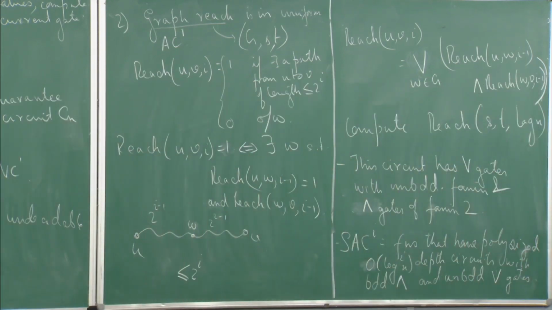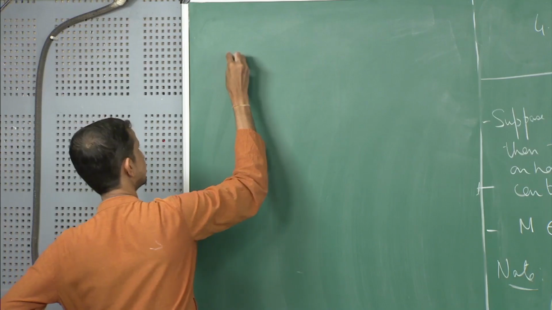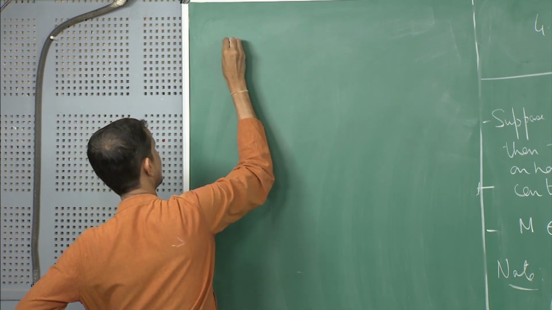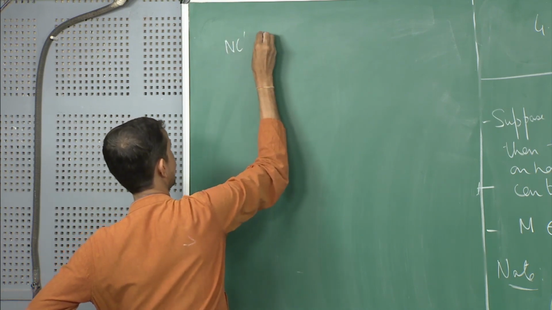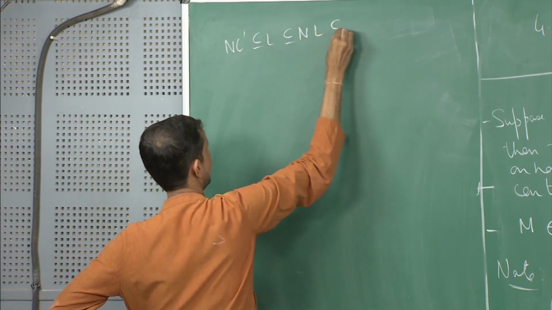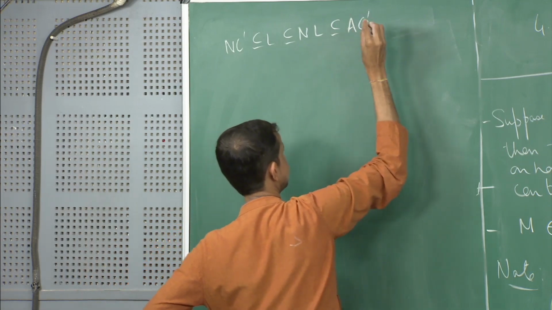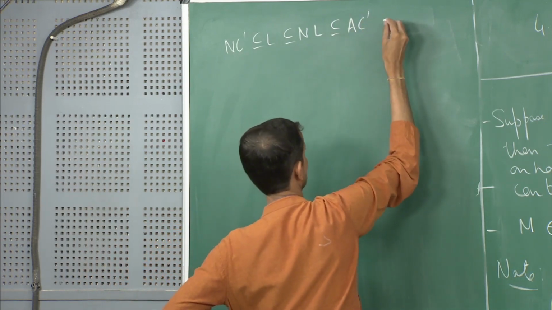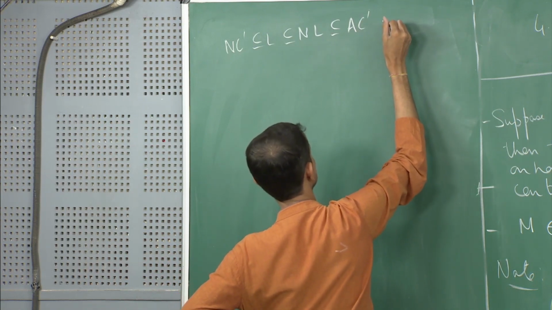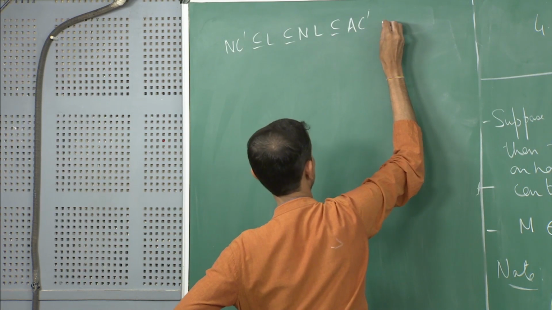Okay. So, this completes the proof of this theorem. So, what do we have here? What we have here is that NC1 is in L, which is in NL, which is in AC1, and then of course AC1 and so on.